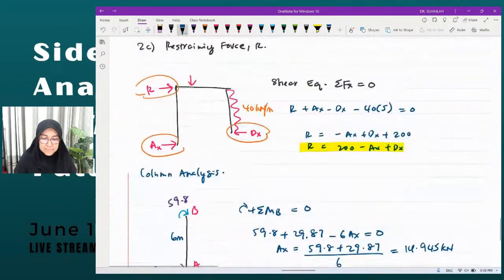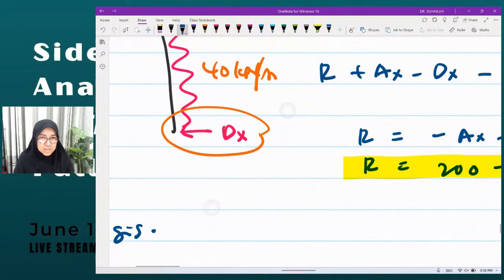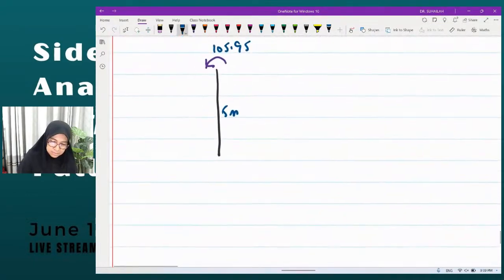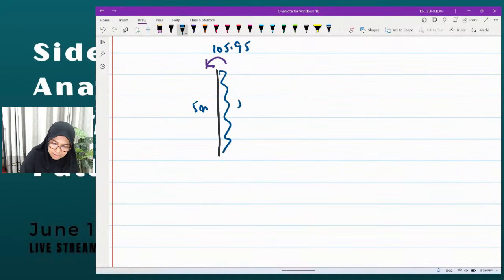DX is in this direction. 5 meter here. This is UDL, 40.